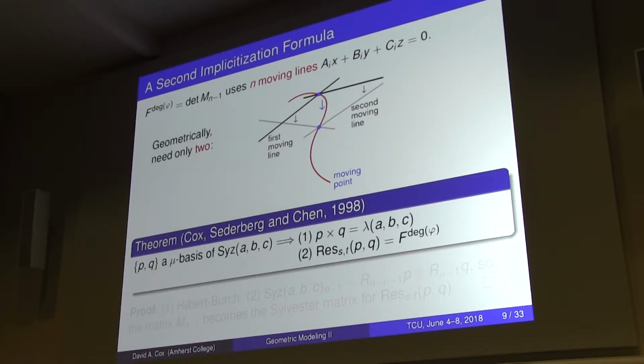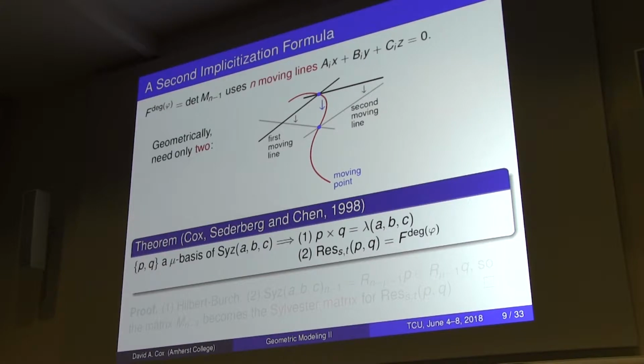But then also, I can think of these as polynomials in S and T, because this has degree mu in S and T, that has degree n minus mu in S and T. And so when I take the resultant, thinking of these as polynomials in S and T, of course that has degree mu, that has degree n minus mu, and the coefficients involve x, y, and z, and so you get this beautiful formula, because you end up taking the determinant of an n by n matrix when you do the Sylvester matrix, and so you get exactly the formula we had before.